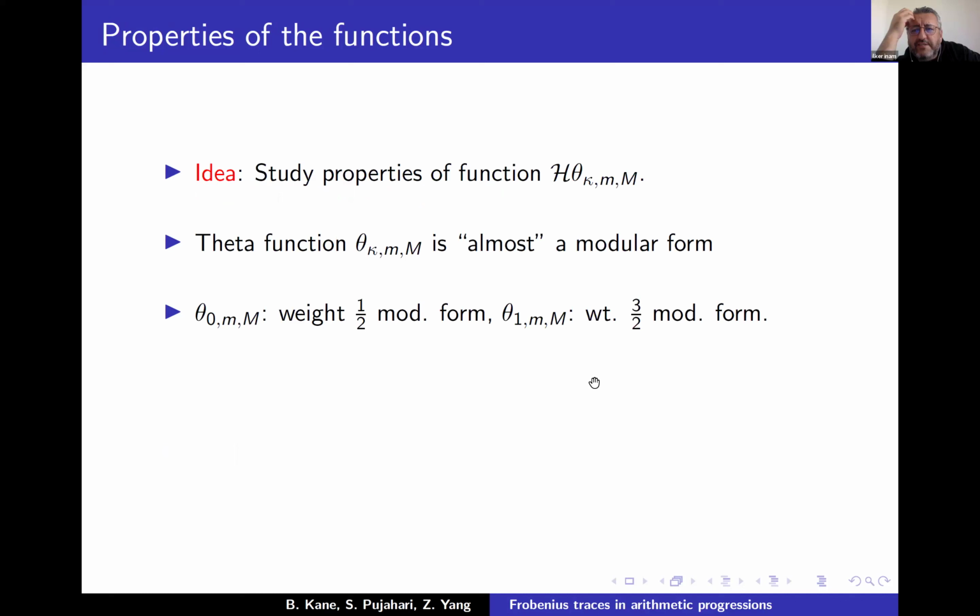And is there any Waldspurger idea behind this? Or not related? I don't think so. I don't know of any. I mean, they are half-integer weight modular objects, so they're going to be cusp forms.